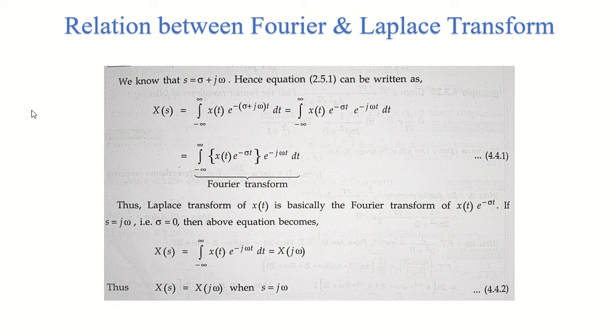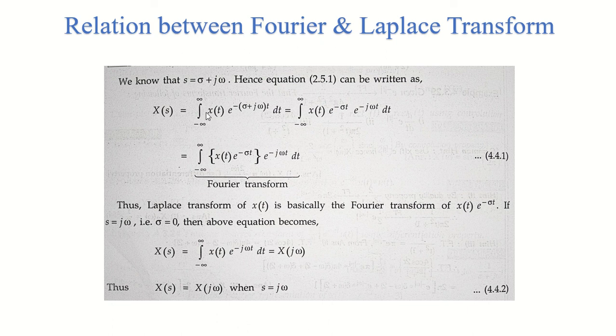So can't we write the basic equation of Laplace transform, which was X of s equals integration from minus infinity to infinity of x of t into e raised to minus st into dt, as this equation, right? In this equation we are not doing anything new. Instead of s we are just replacing its value, which is sigma plus j omega.